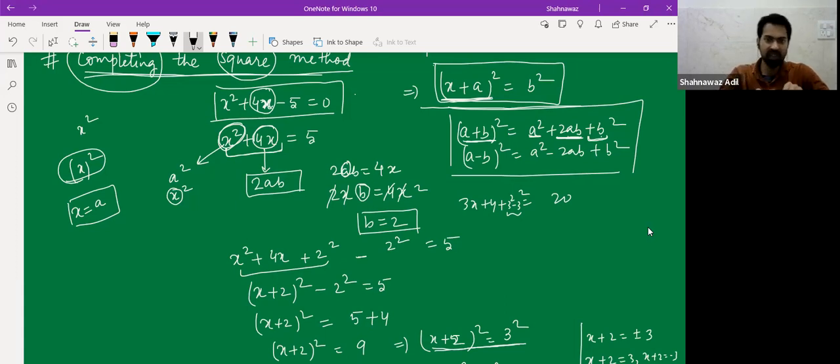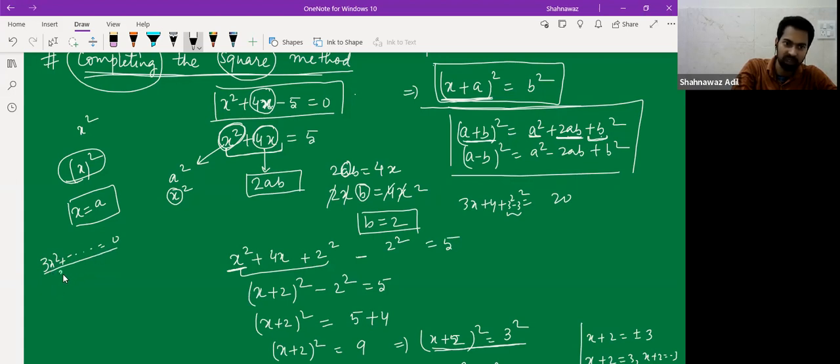The idea is that you always have this type of term as your first term. Let's say you had 3x squared plus something. What would you do in this question? You would divide all the terms by 3.